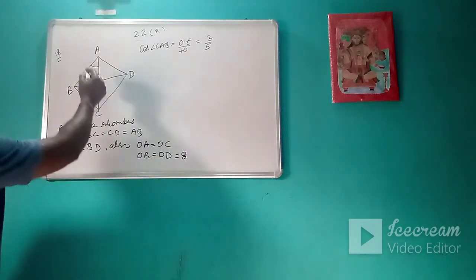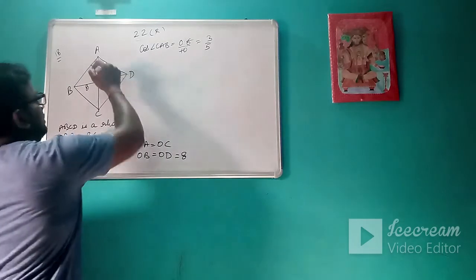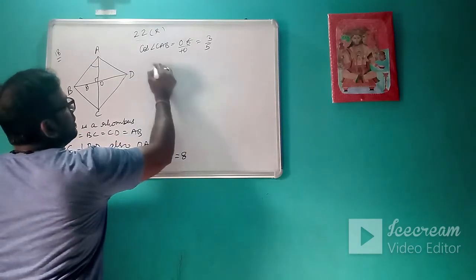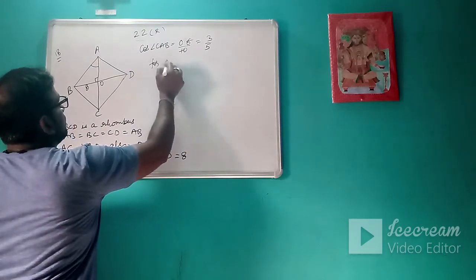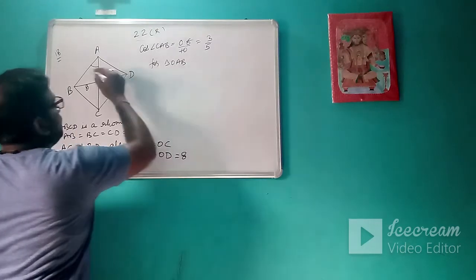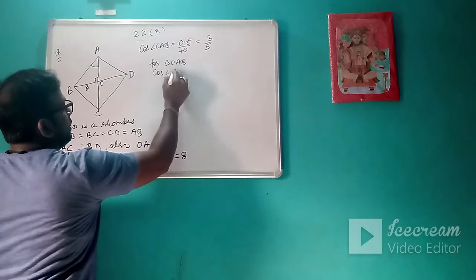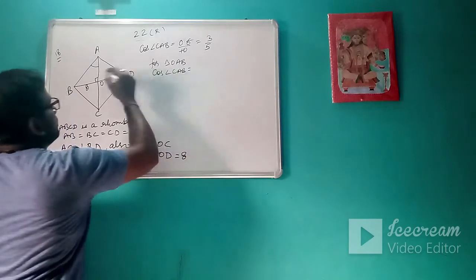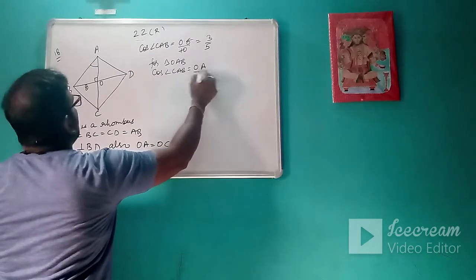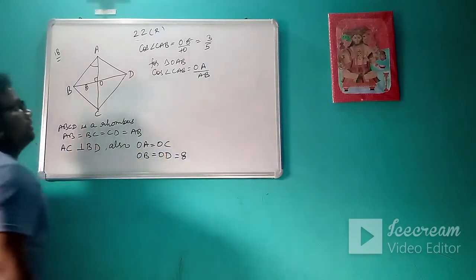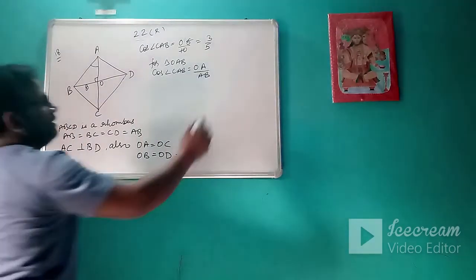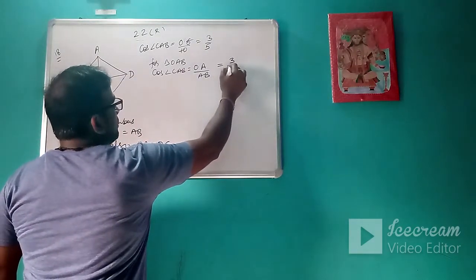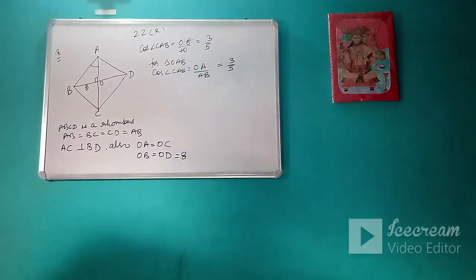When you write cos angle CAB, for which triangle? Triangle OAB. If you write cos of angle CAB, it will be base upon hypotenuse, and it is equal to 3 upon 5.